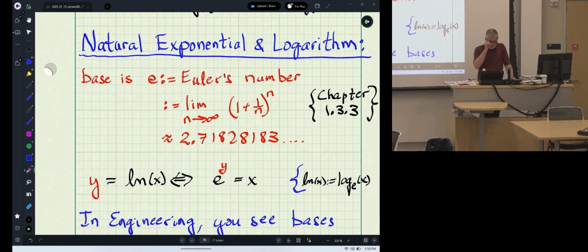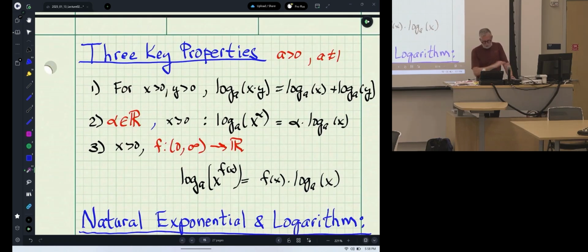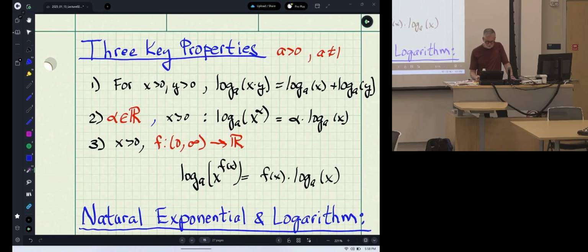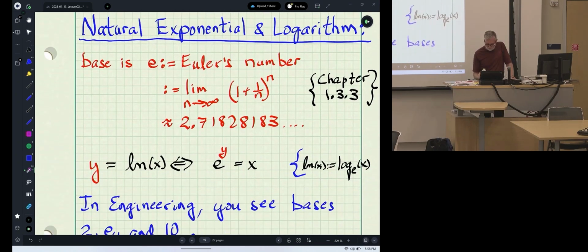The natural exponential and logarithm. So a not equal to 1, all of those things define exponentials and logarithms. The natural exponential is when the base is taken as Euler's number. I invite you to scan chapter 1.3.3 and follow Bernoulli's discovery of Euler's number by looking at compound interest, as I mentioned Wednesday of last week.